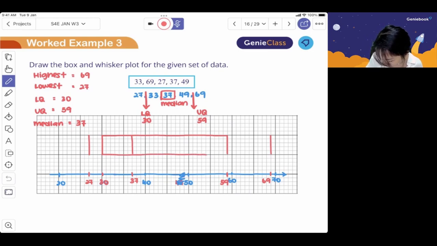So now I have my box. And to draw my whiskers, I just draw a line connecting my box to the highest and lowest values respectively. Is this clear? Sorry, I had to redo that a little bit in the middle. Any questions? Yeah, okay. Thank you, Denise.